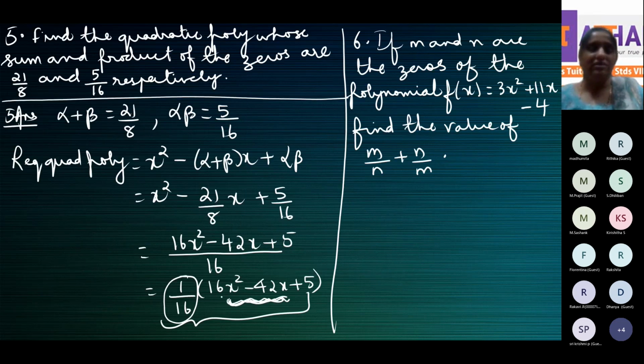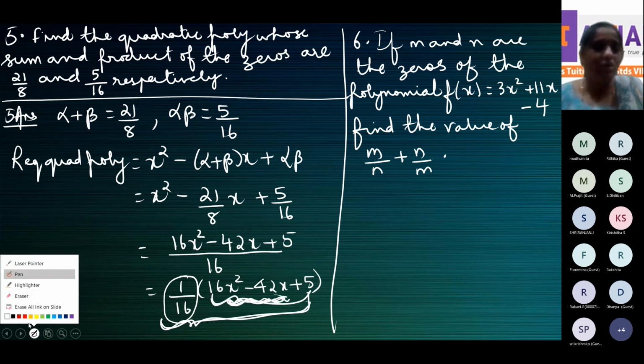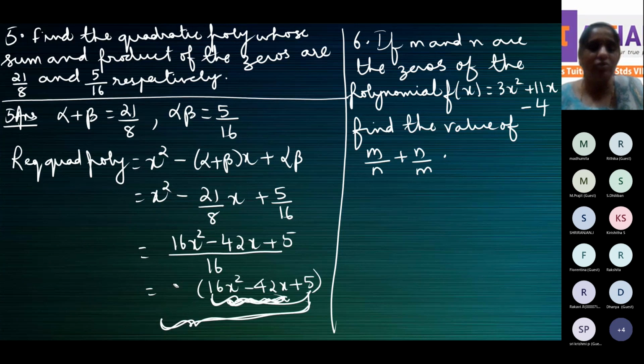So here, what do you see? There's a polynomial here. It's multiplied by 1 by 16. So you're multiplying that by some real value which is not 0. So whatever zeros this whole thing has, the same thing this will have. That is without 1 by 16.